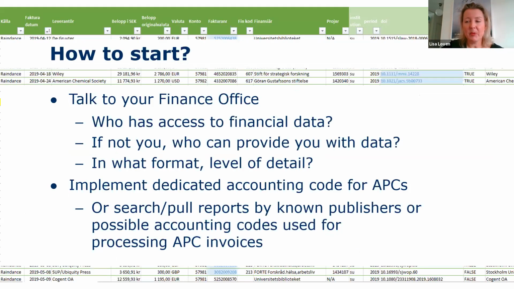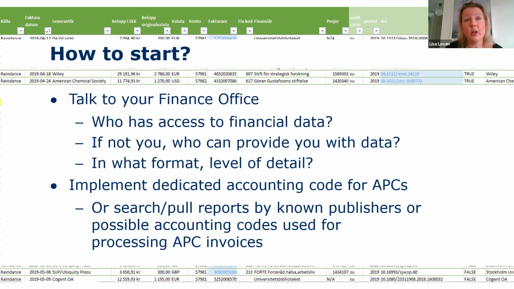Finally then, Romy asked me to give you a few tips if you want to do this yourself at your home institutions. The first thing, if you want to do this, is of course talk to your finance office and investigate what kind of accounting system you have at your university or institution and what data you can pull from it.